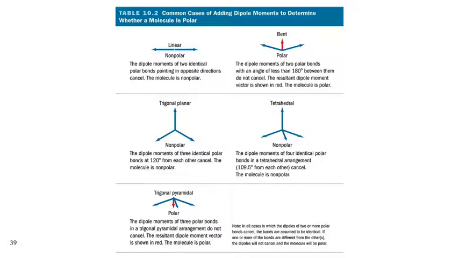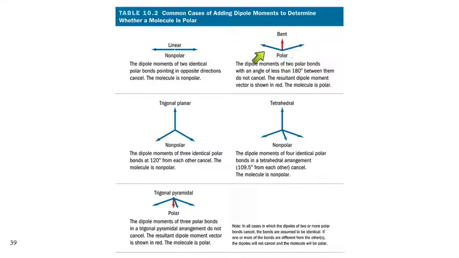So here are common cases of adding dipole moments. This has to do with the shapes that we see in the molecules from VSEPR theory. So linear: if you have 2 identical polar bonds, they're going in opposite directions, that's going to add up to 0.